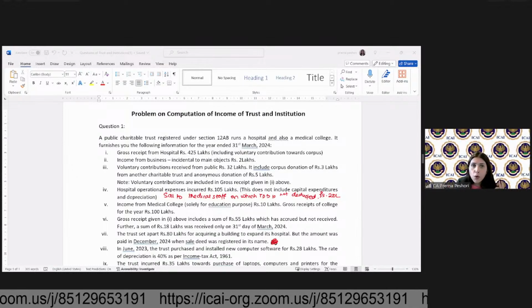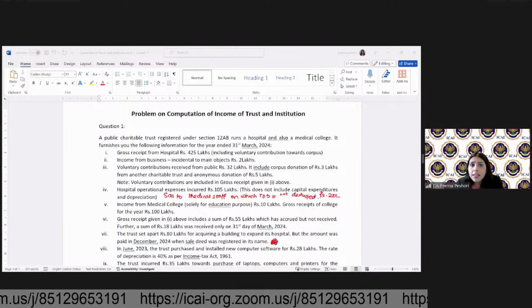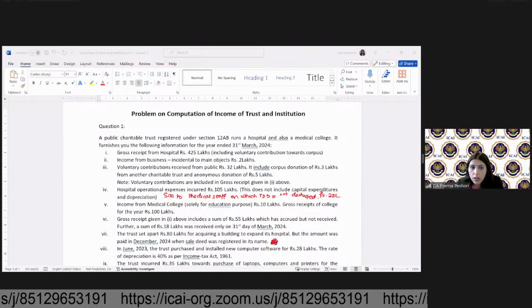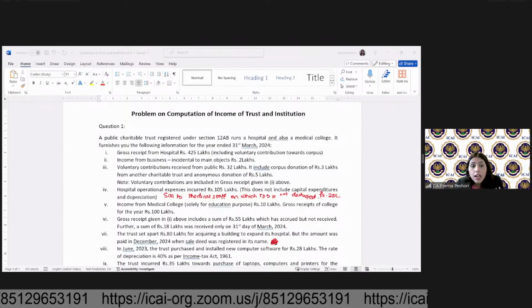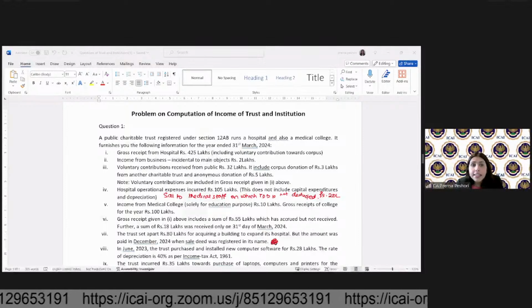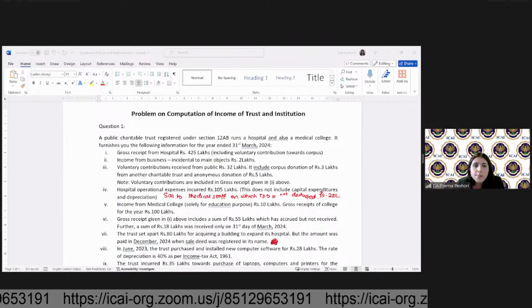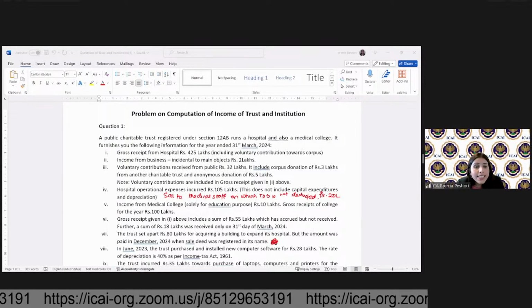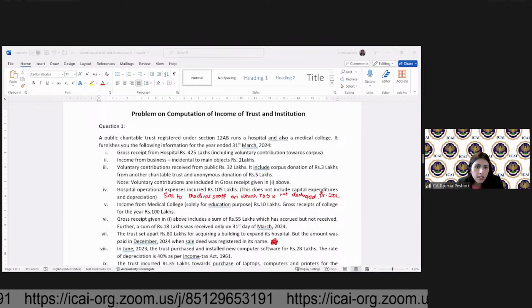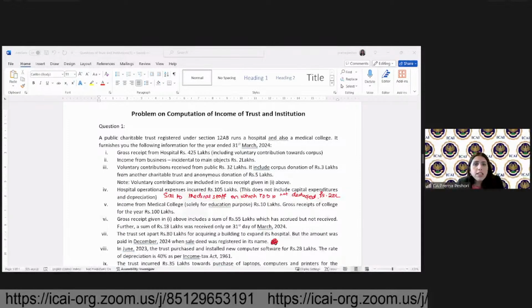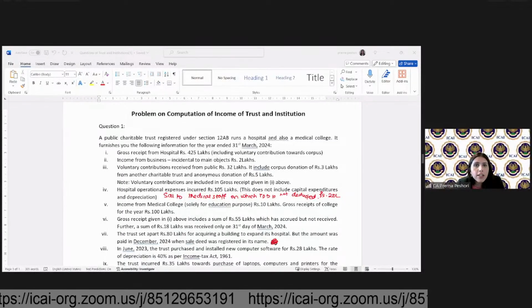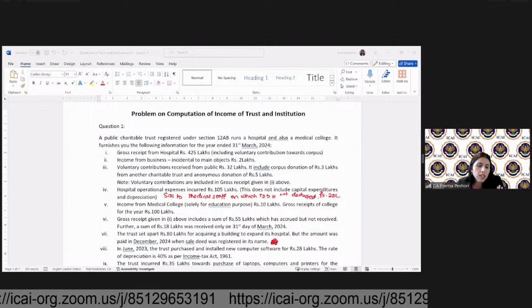So if you remember in the last class, what did I tell you? I said that in case the expenditure is paid on which TDS is not deducted, then in that particular case you will have the same impact as what you do under PGBP.